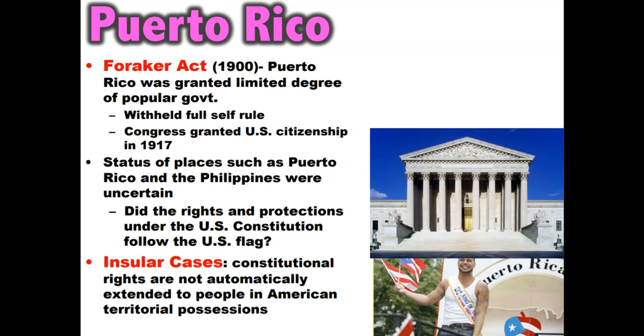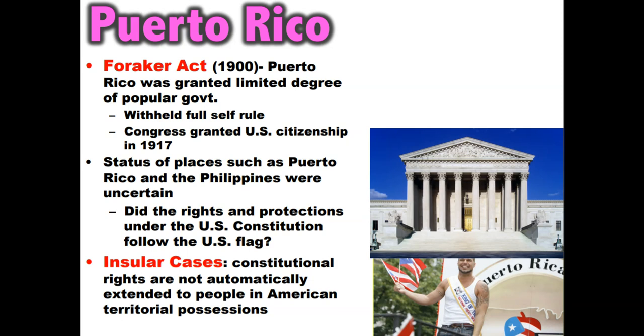Puerto Rico: the Foraker Act of 1900 said that Puerto Rico was granted a limited degree of popular government, withholding full self-rule. Congress granted U.S. citizenship to Puerto Rico in 1917. The status of places such as Puerto Rico and the Philippines was uncertain, and many questions came up.